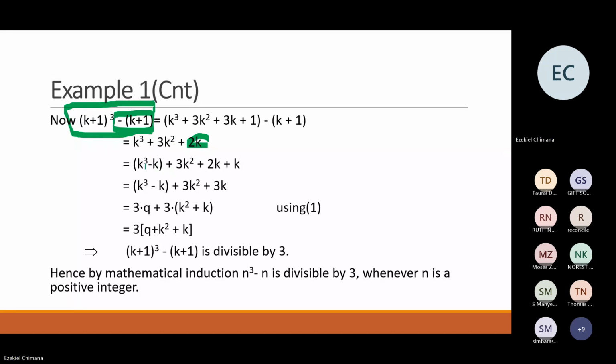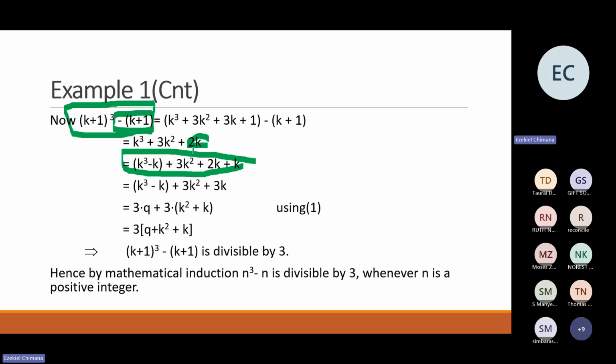Then k cubed minus k plus 3k squared plus 2k plus k. Where is this statement coming from? We are adding a k and subtracting a k at the same time. So we are doing nothing to this statement. It's as good as saying minus k plus k is equal to 0.